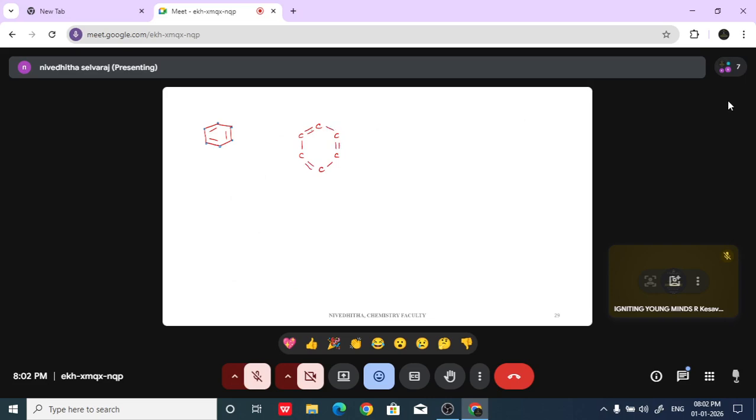As far as this carbon is concerned, it got 2 bonds here, a third bond here, and it doesn't satisfy its valency, right? So the valency of this carbon has to be satisfied using 1 bond with hydrogen. Similarly for this carbon. So this is the normal structure of benzene, right?